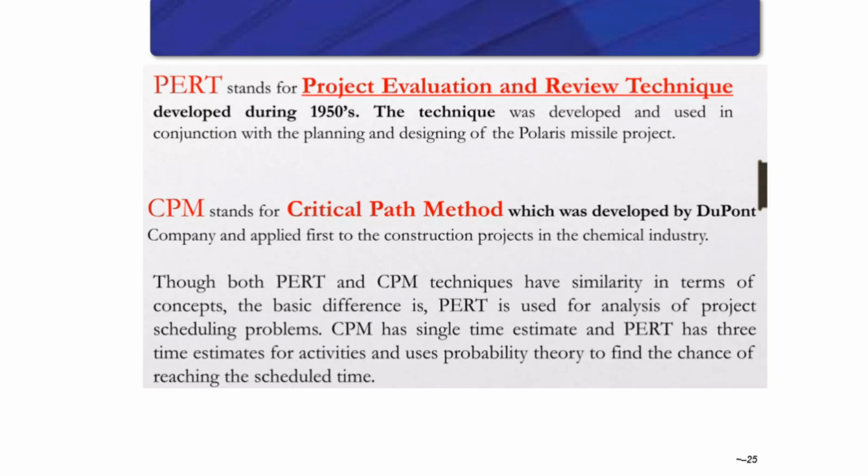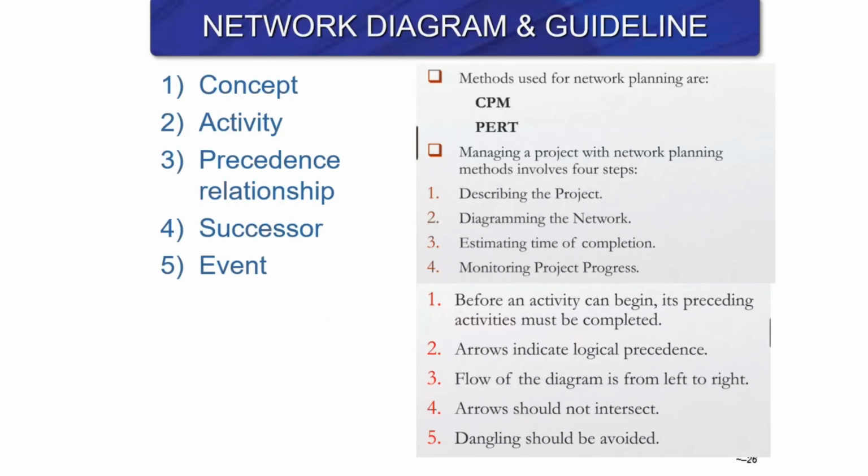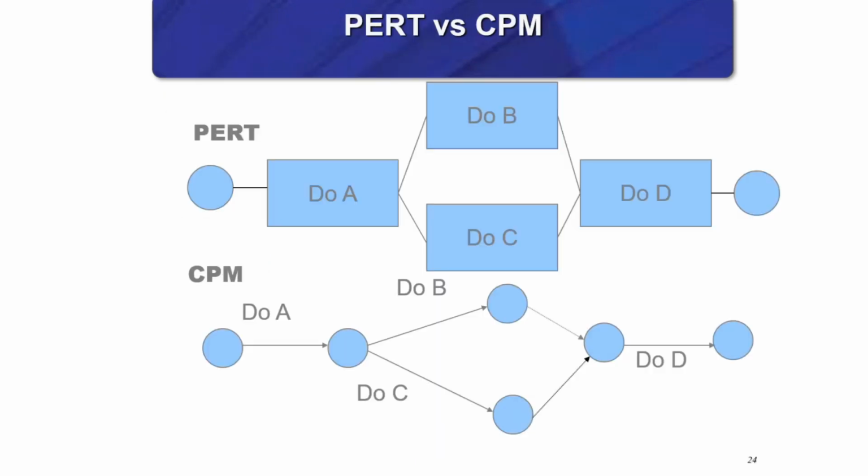This network tool basically highlights these things: concept, activity, relationship, successor, and events. This would be illustrated in those diagrams. They are coded, but when decoded, you will see what DOA, DOC mean, and the length of each line shows the duration of the path. Very critical paths, like the most efficient paths, could be identified using this diagram.